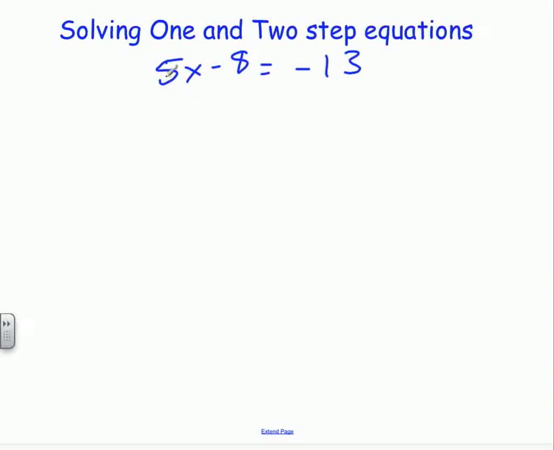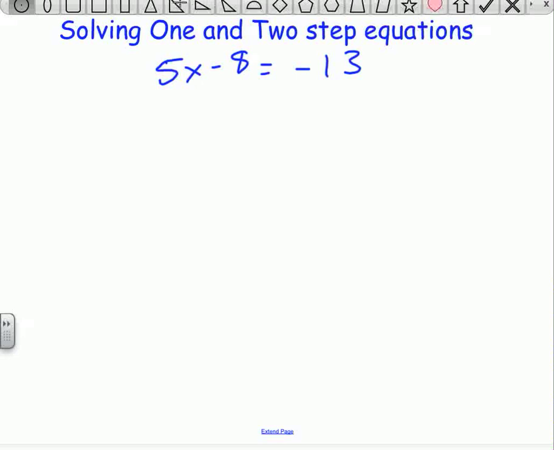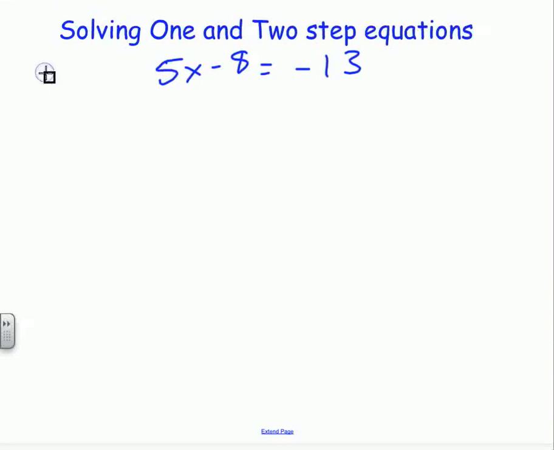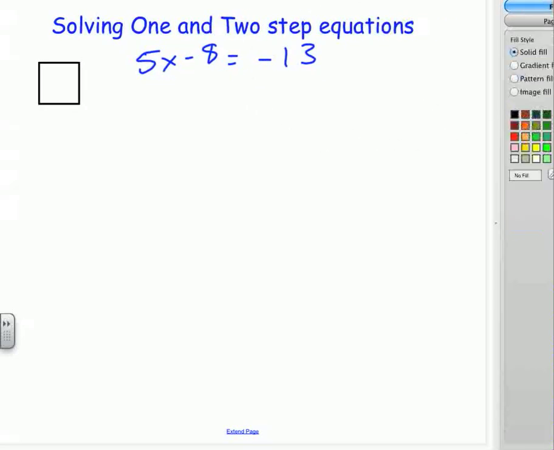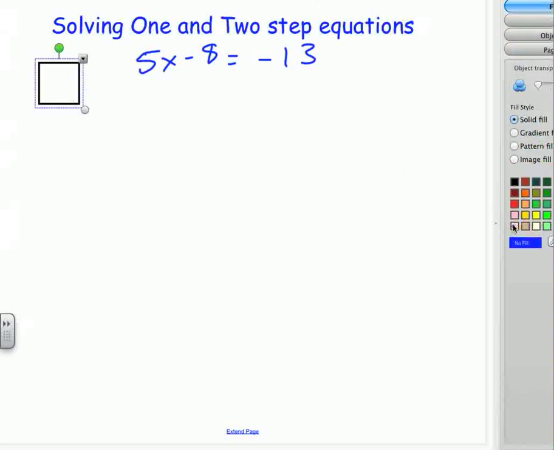With a 2-step equation, easiest way to think about it is this 5 right here. Just pretend this 5x to start is just x. So if we cover this up, let me pull out a little square here so I can get rid of the 5x there.